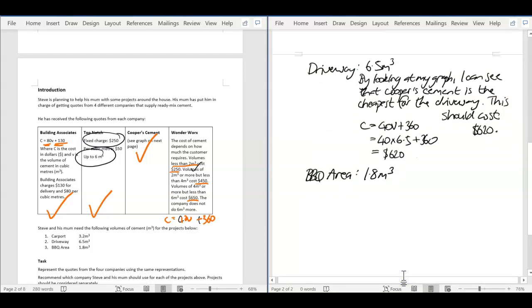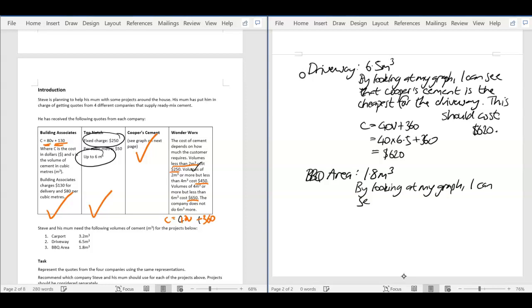There you go. So by looking at my graph, I can see that Wonderworks, so that was that step graph, is the cheapest for the barbecue area.